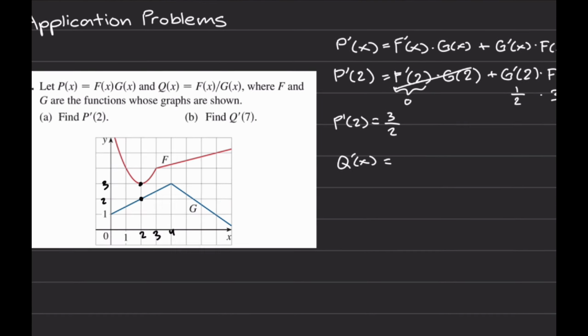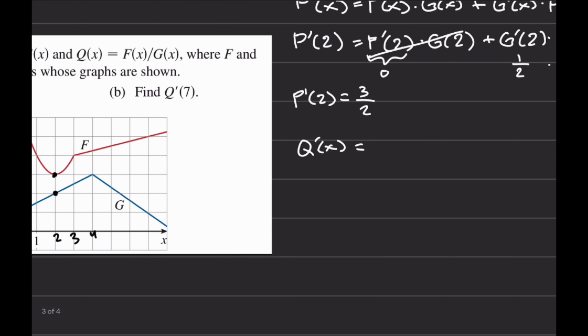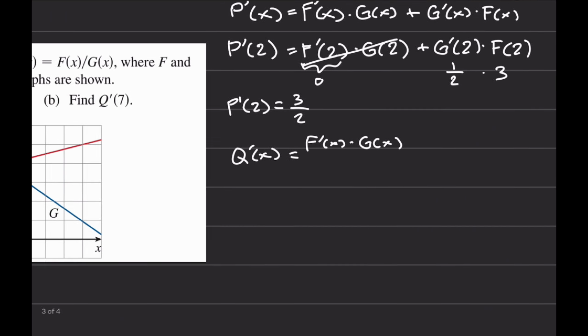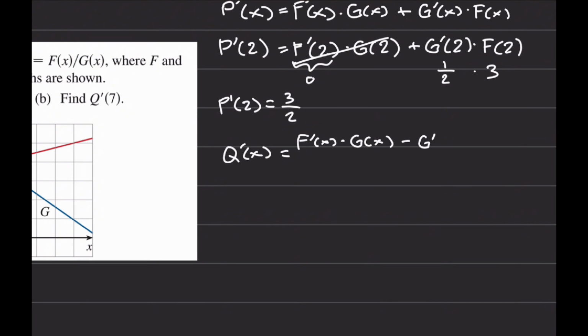So we could just copy down that formula. F prime of x times g of x, and then minus g prime of x times f of x, over g of x squared. Remember, we got to be careful with that order. I've screwed up many problems because I swapped the order.